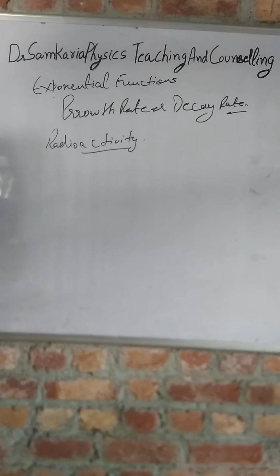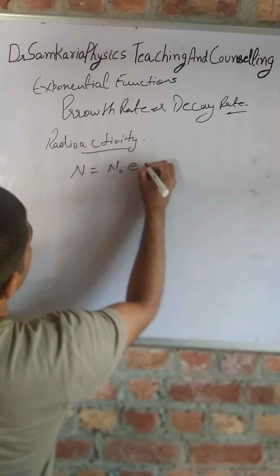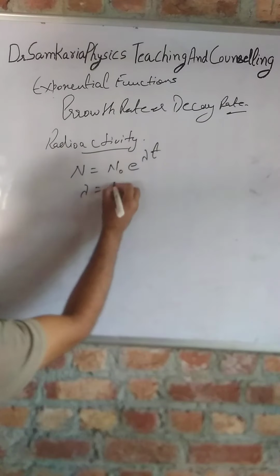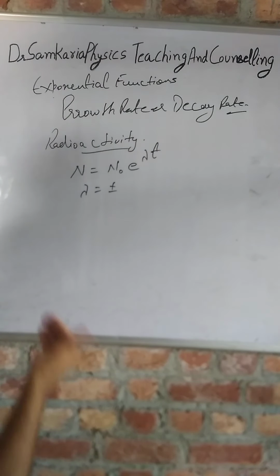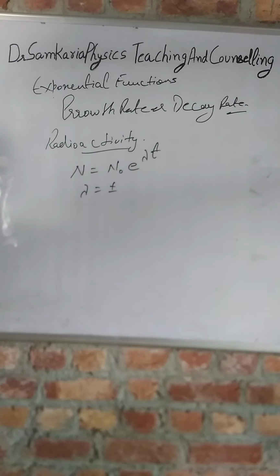At any instant, the decayed nuclei left and the nuclei formed are given by this formula: N equals N naught e raised to the power lambda t, and this lambda will have a plus or minus sign accordingly as you are studying decay or growth. If you are studying decay, then lambda will be negative, and if you are studying growth, then lambda will be positive. So this is the physical significance of e.